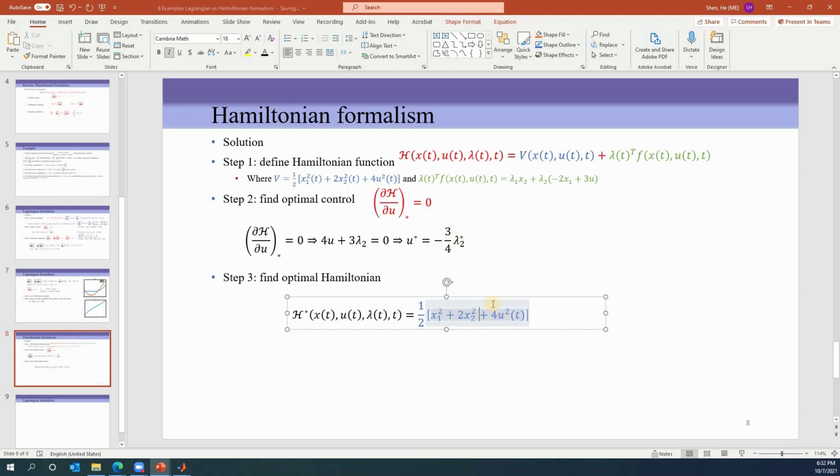U squared will be represented by 3 over 4. So that is a 9 over 4 lambda 2 squared. The second term, lambda transpose times that, we're going to do the same thing, replace u by negative 3 over 4 lambda 2. And we also know they are all at an optimum, right? So you need to write optimum.